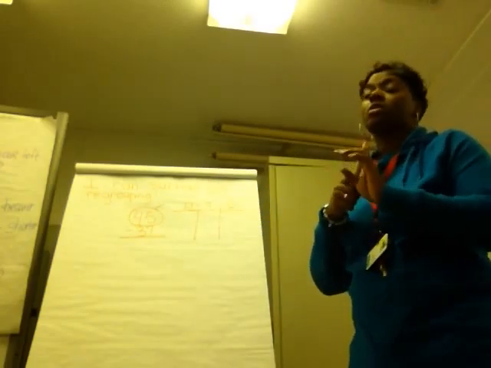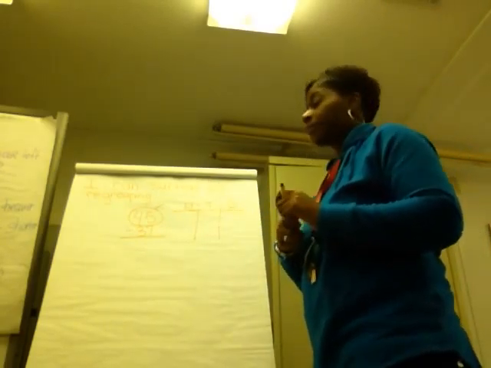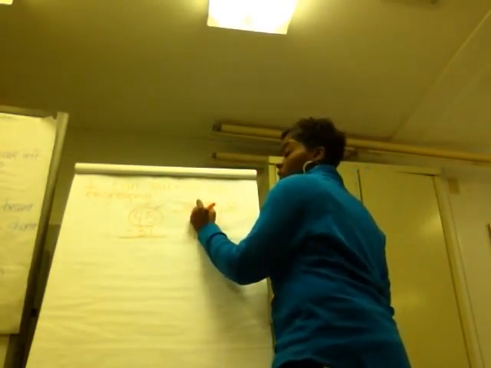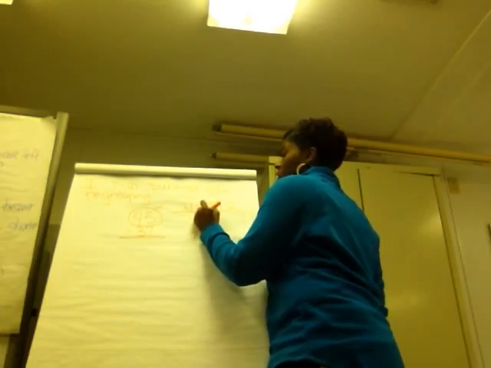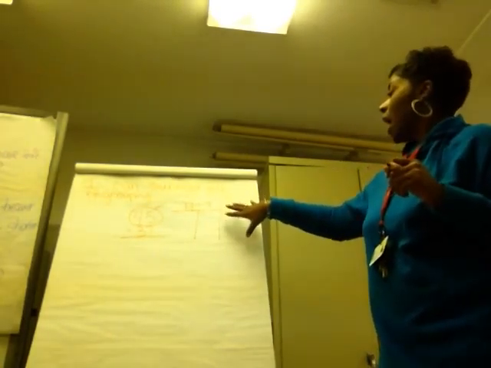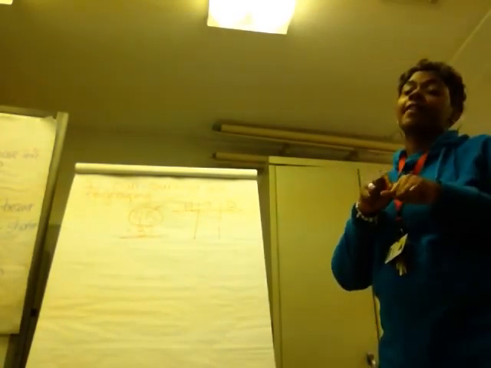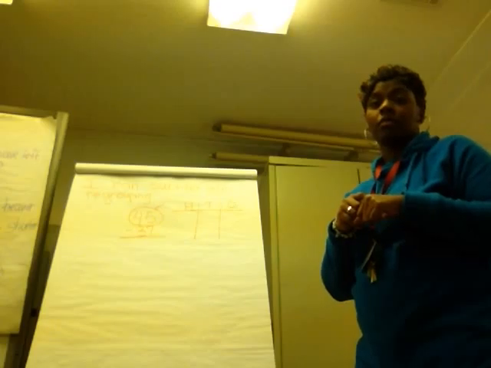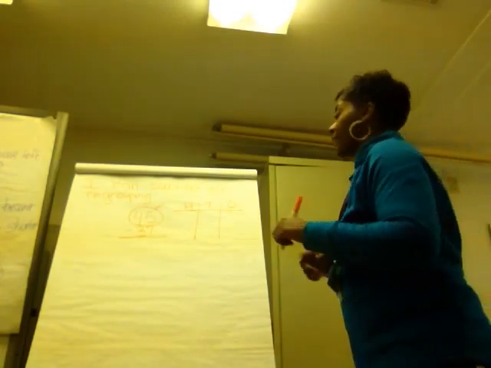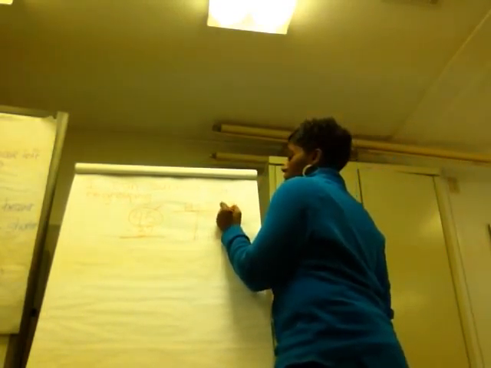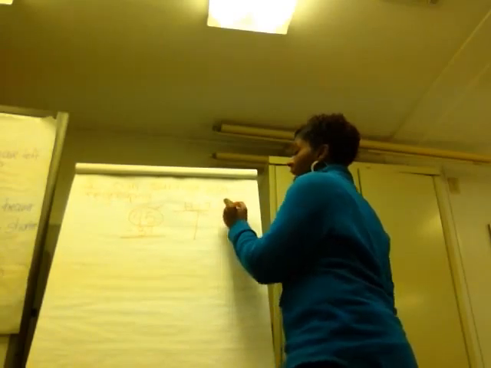Elijah, how many tens do I have in 45? 4. I have 4 tens. So I'm going to show it with my 4 dots. 1, 2, 3, 4. How many ones are there in 45, Nashay? 5 ones. 1, 2, 3, 4, 5.